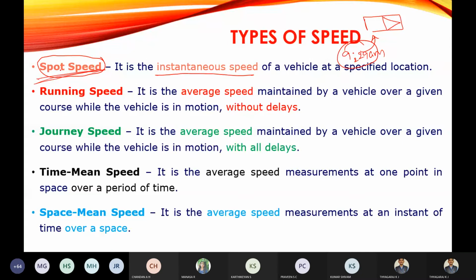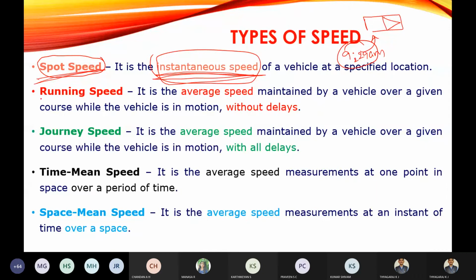Remember, spot speed is the instantaneous speed of the vehicle at a given location. For example, in front of the college main gate, you are going to collect spot speed data. At 9:29 a.m., a bus is moving. For that bus, the instantaneous speed is what we call spot speed.